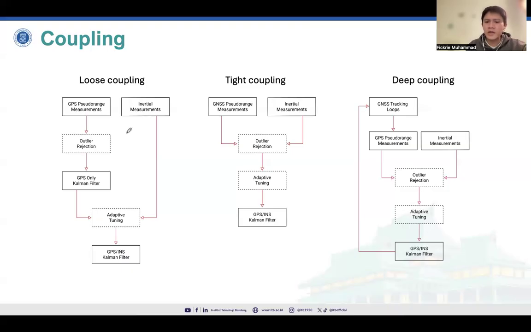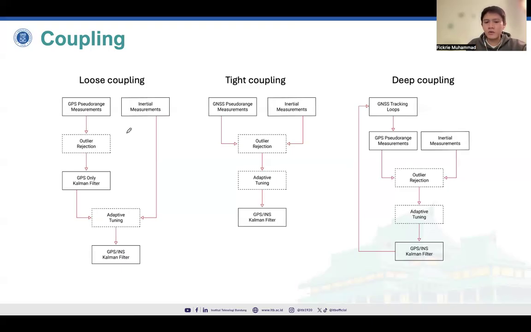For example, the inertial measurement can assist in DVL signal tracking by stabilizing weak signals, and for GPS signals, it can also refine the INS solutions.